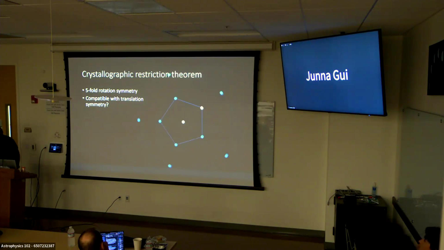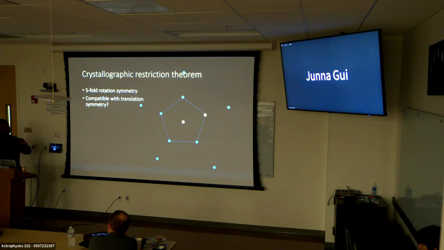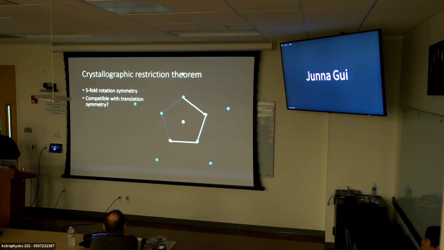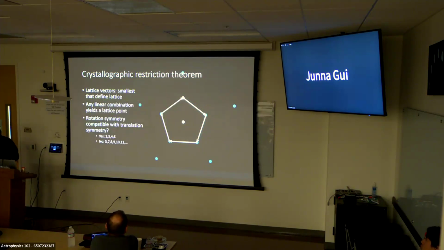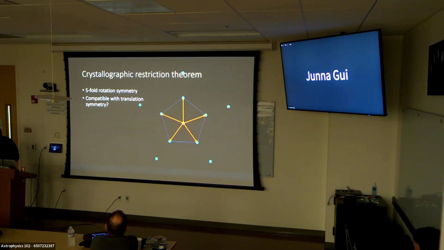I can do things like rotate it and see if it looks the same, and see if I can define lattice vectors that allow me to generate this 5-fold rotation symmetric lattice. Of course I can define lattice vectors using the spacing between the innermost pentagon that I have in my 5-fold symmetric pattern. That's fine.